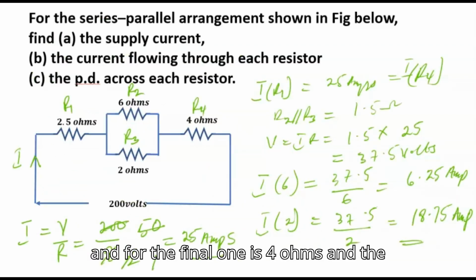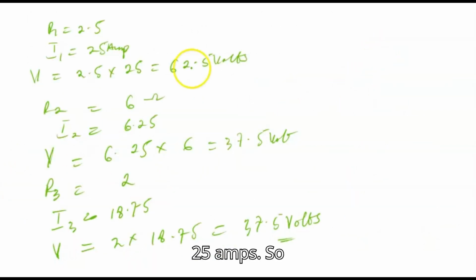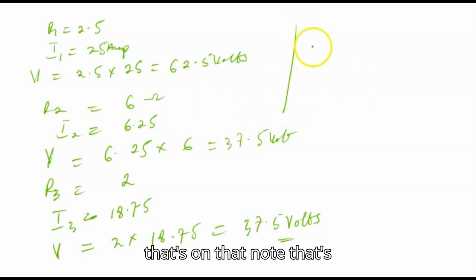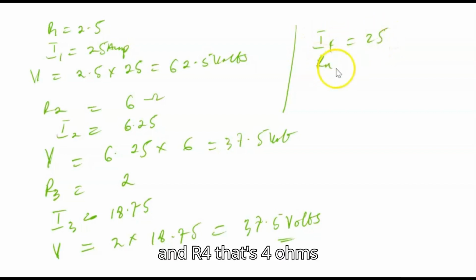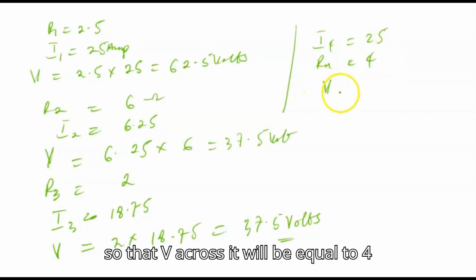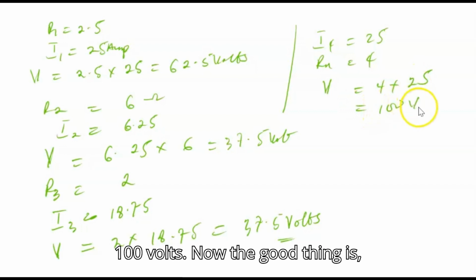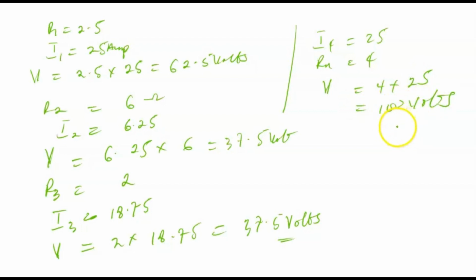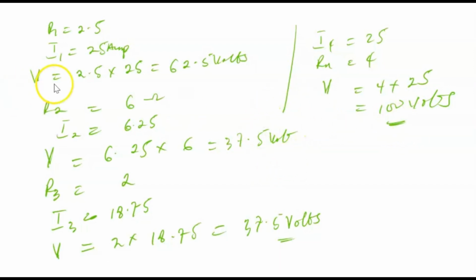Now for the final one, R4 is 4 ohms, and the current that flows through it, I4, is 25 amps. So V across it will be equal to 4 times 25, which is the same thing as 100 volts. Now the good thing is, if you sum everything together, you should come back to 200 volts.